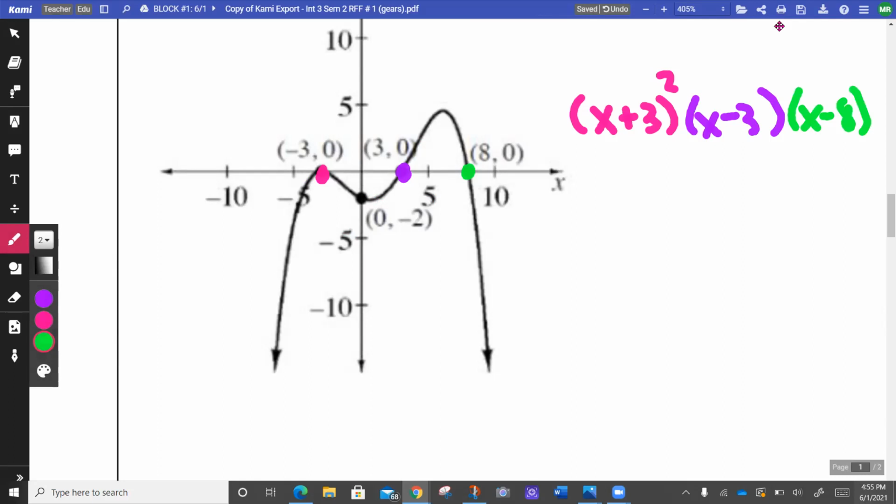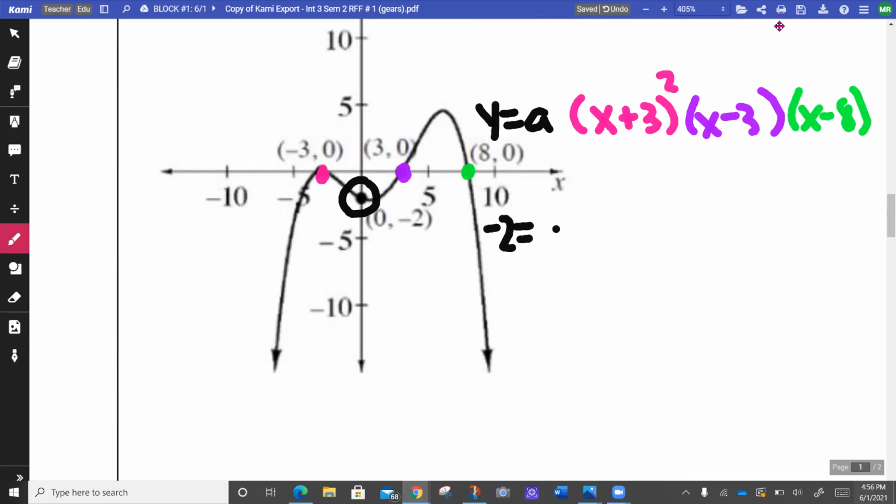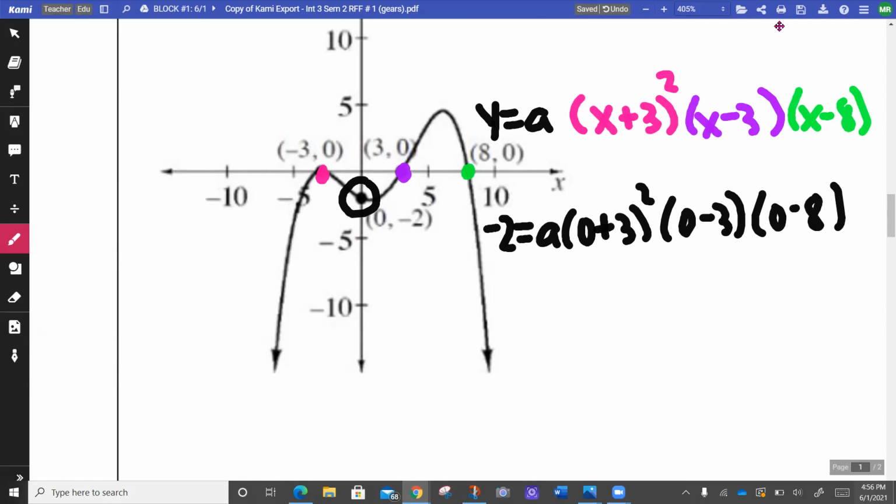And then what we need to do is we want to find our a. And we're going to use a point. Let's use this point right here to plug in. So I'm going to have -2 is equal to a times 0 plus 3 squared times 0 minus 3 times 0 minus 8. So -2 is equal to a times 9 times -3 times -8.